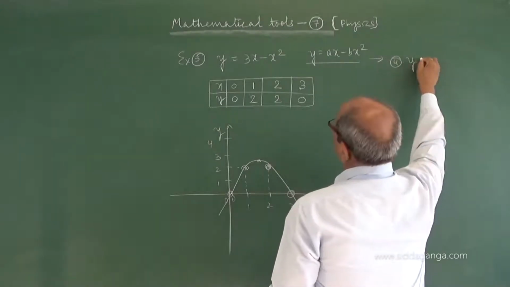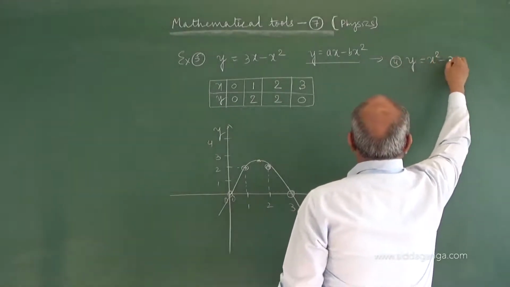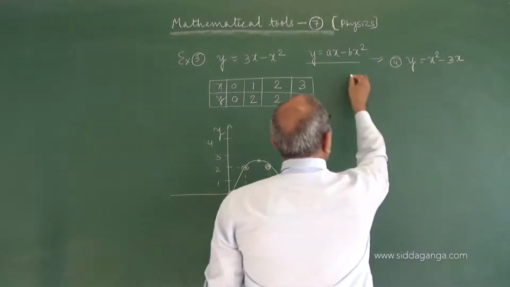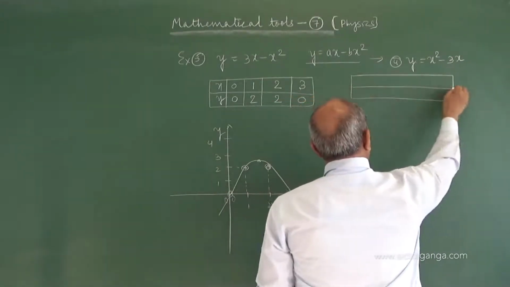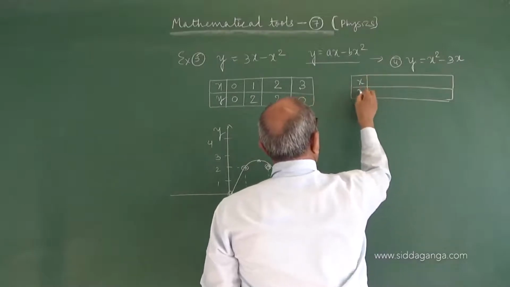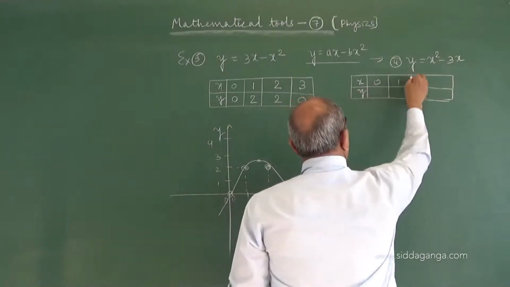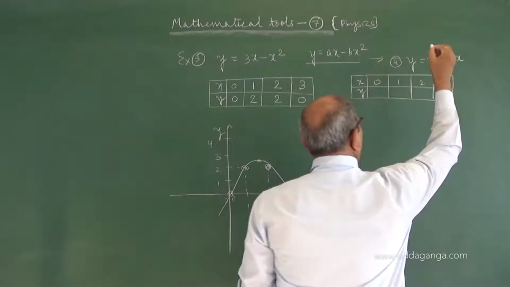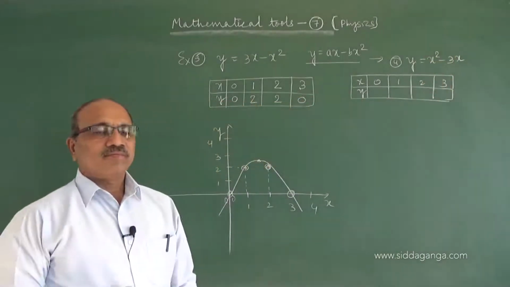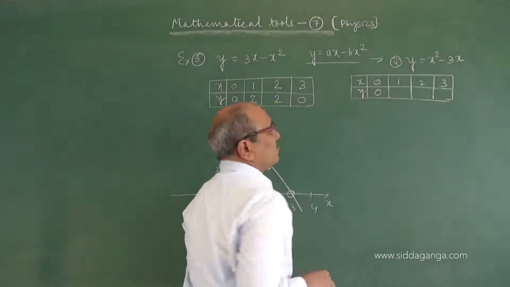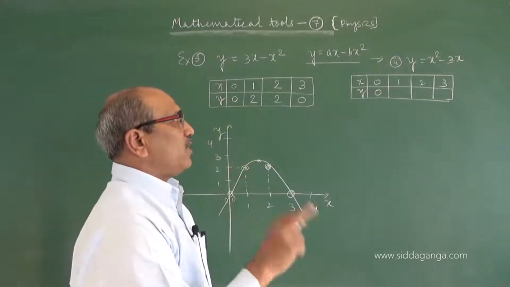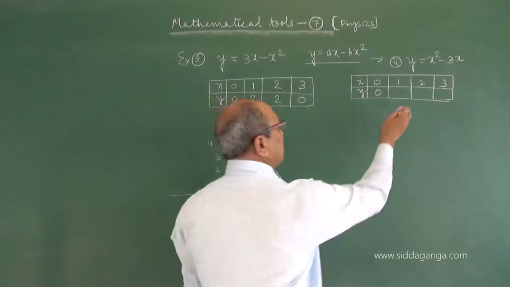If I take y is equal to x square minus 3x with the same data, think how the curve looks. Take x and y values 0, 1, 2 and 3. X is 0, y is 0. If I put x is 1, 1 minus 3 is minus 2.